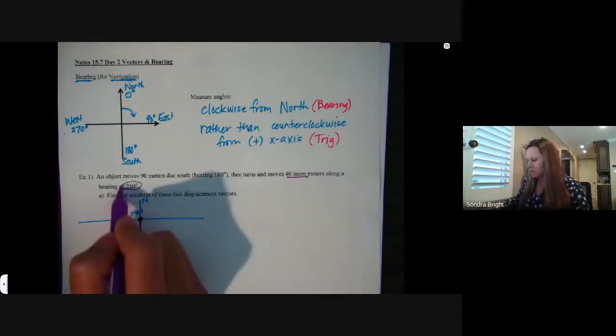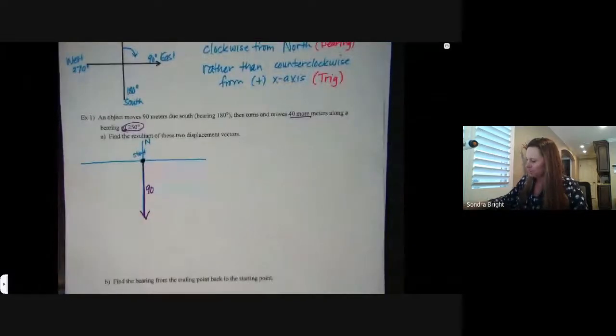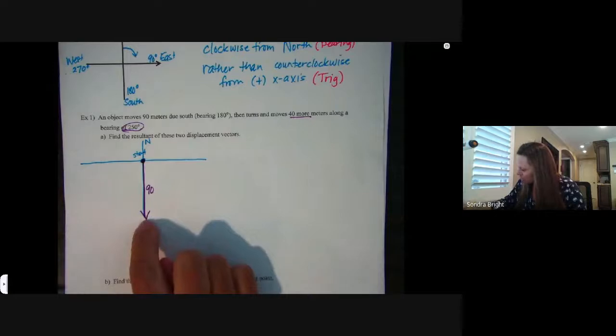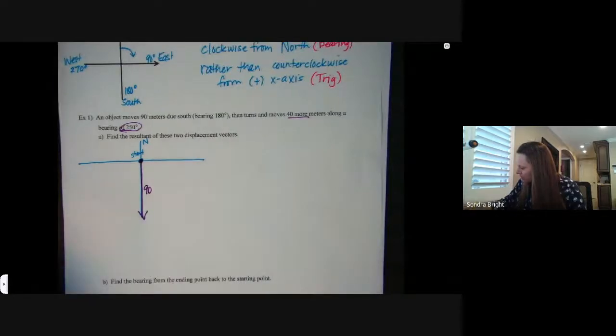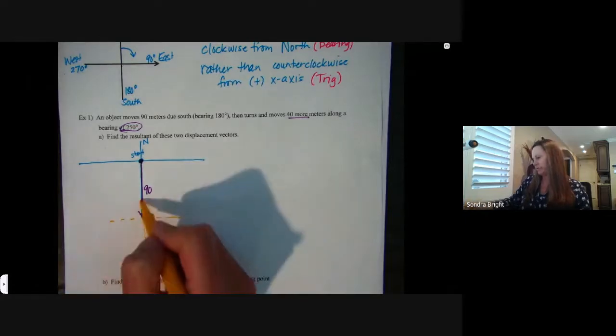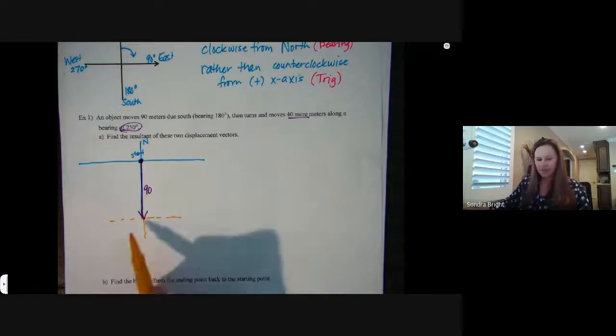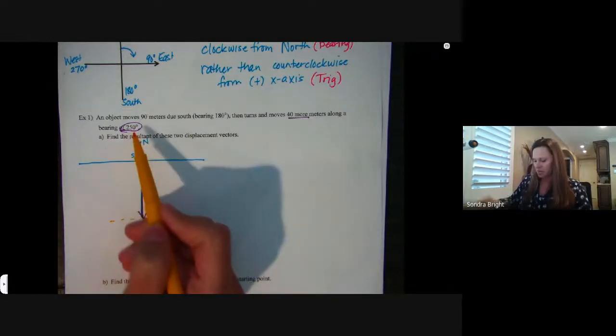It went to there, it's now at this point right there. So what you'll do is draw a new north, south, east, west from there.